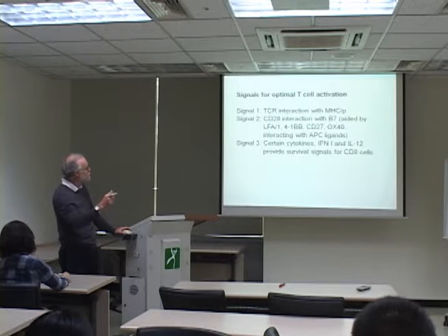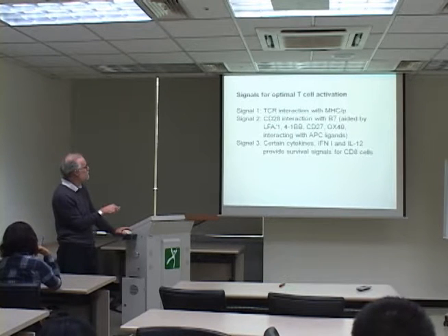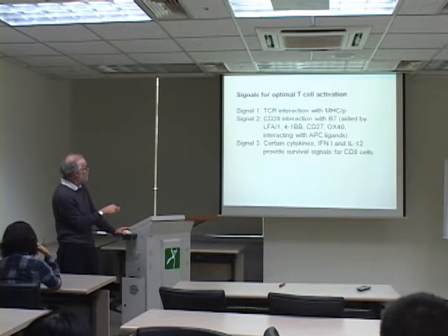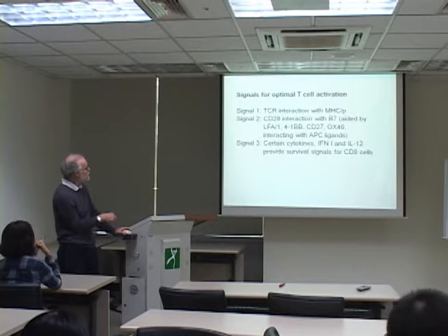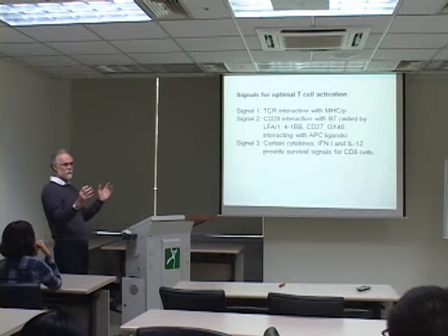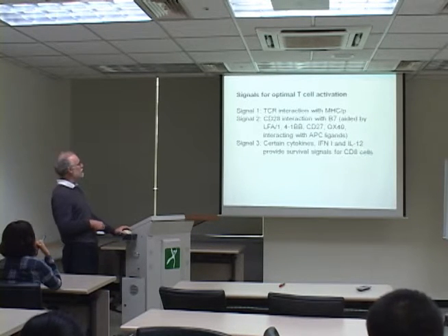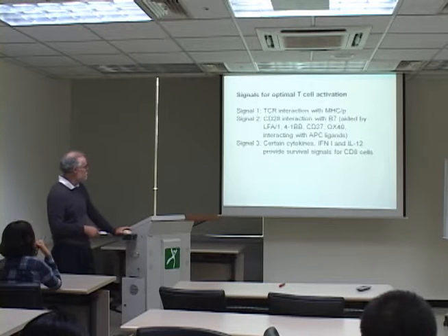Quite what these molecules do is still a little unclear. I mentioned LFA-1 interacting with ICAM-1. There's another molecule, 4-1BB, that interacts with a ligand, CD27 interacting with CD70, OX40, and so on. All of these together strengthen the interaction between the T cell and the APC, intensify the overall signal, and lead to efficient T cell activation.